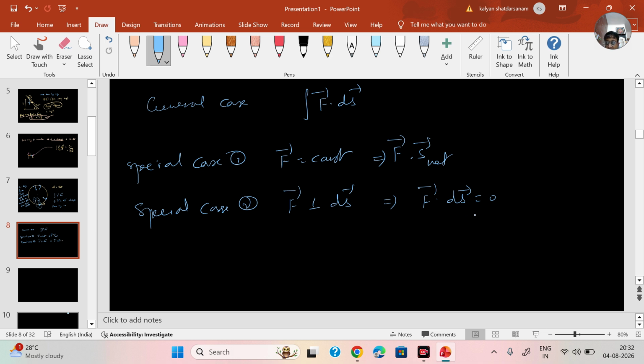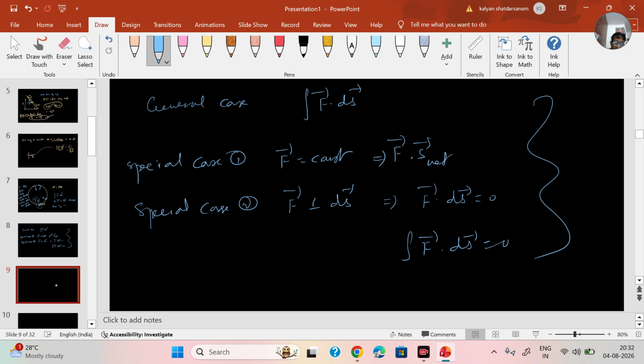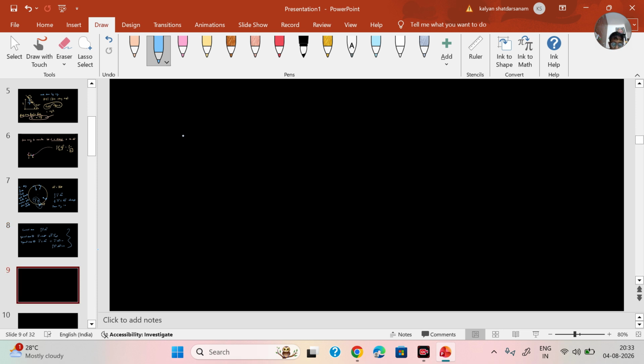Little work done are 0, so total work done is also 0. These are the three main cases which are very important for us. Now what we will do, we will take one example where all three cases are going to come. So all three cases are going to come, and that is a very beautiful problem.